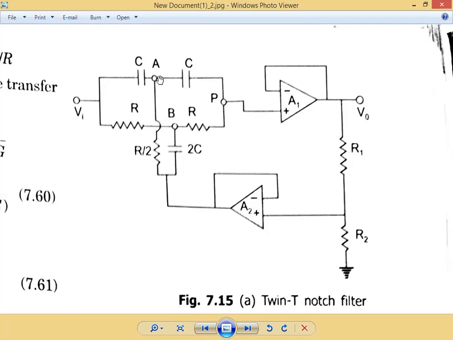Plus, next we are going to consider the path that is R, R2, R1 and R2.